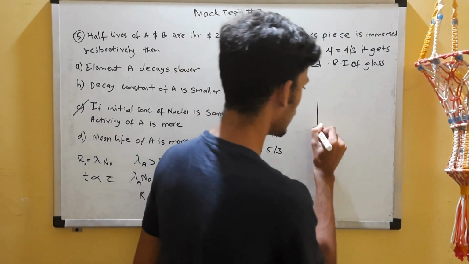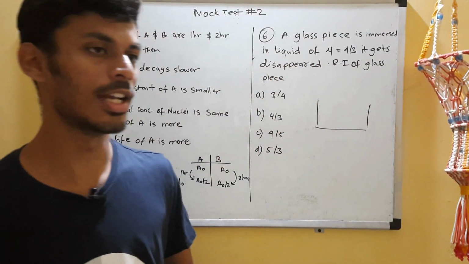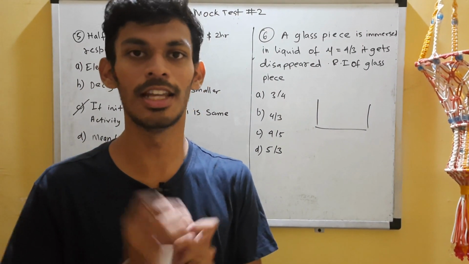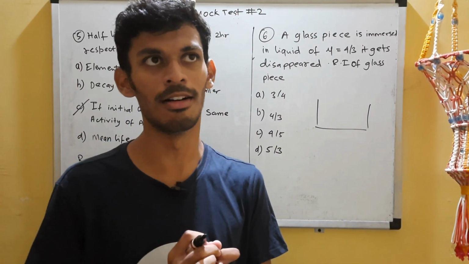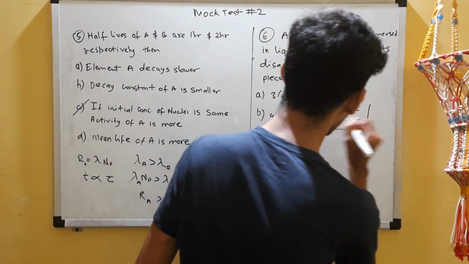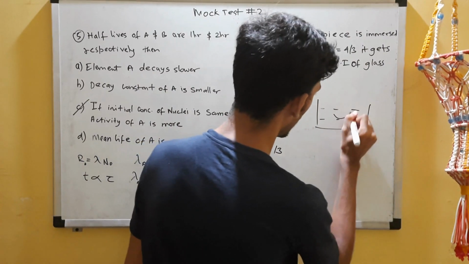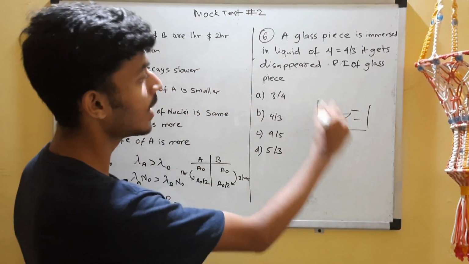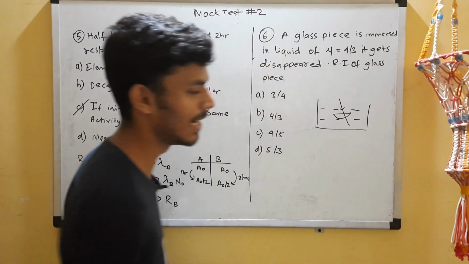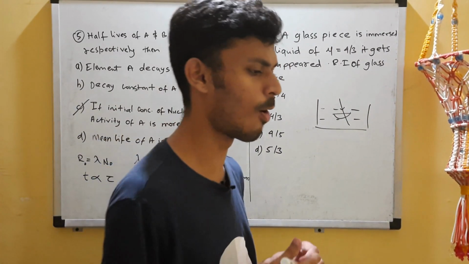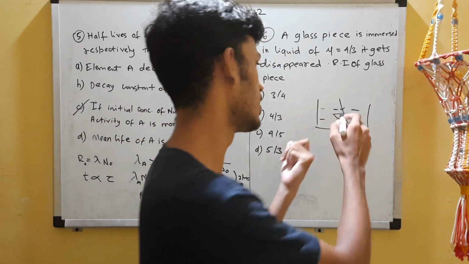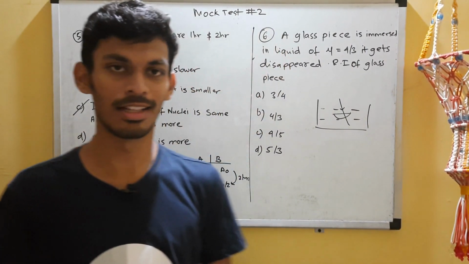The thing is, if you have the refractive index of the material and the liquid same, the material when immersed in that liquid will disappear. I'll convince you about that. If we have a liquid like this and this glass piece, and they have the same refractive index, the light will pass through without bending or reflecting, since the speed of light will not change when it passes from this liquid to that glass piece, right?